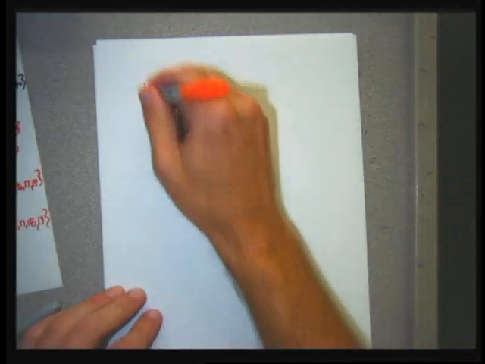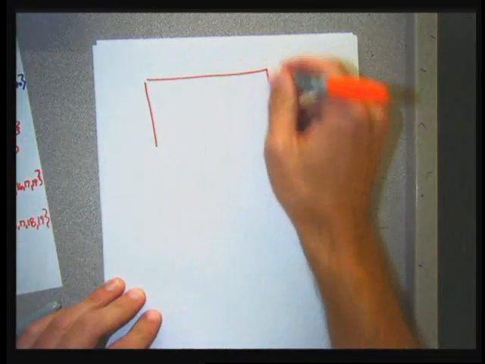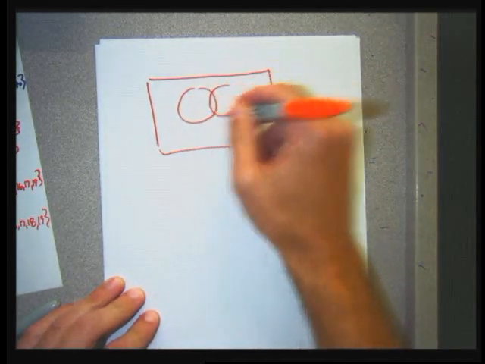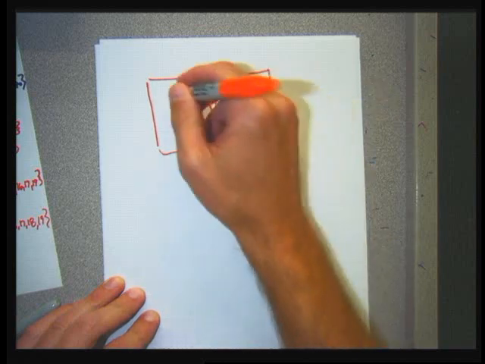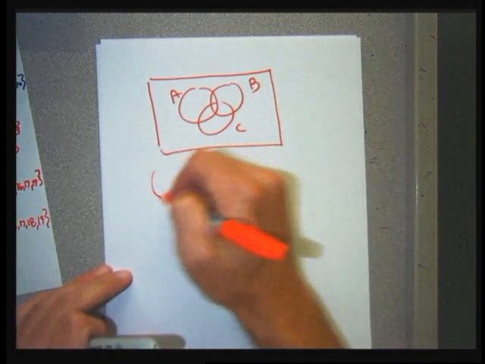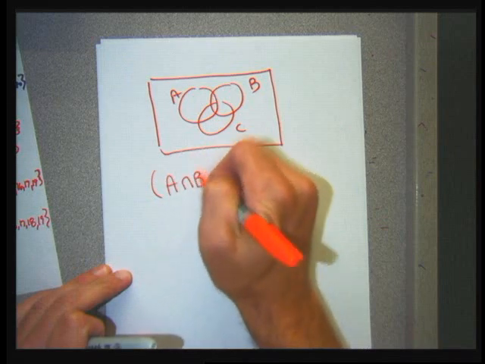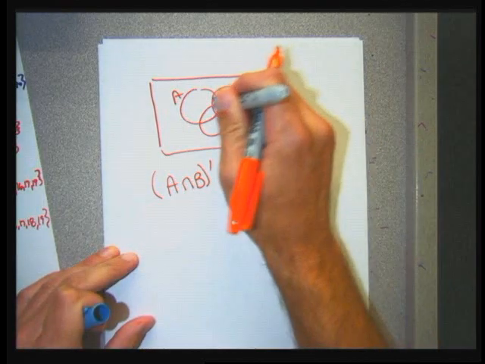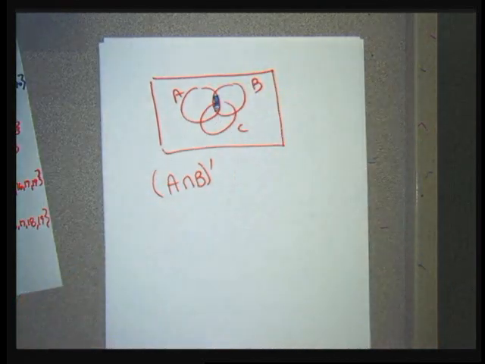The last one, A intersection B prime, again, even though the C circle exists, it doesn't really impact the area that I'm trying to designate. So I have my 3 circles, the A, B, C. A intersection B prime wants me to find everything that's outside the A intersection B. The A intersection B is that region where the circles overlap.